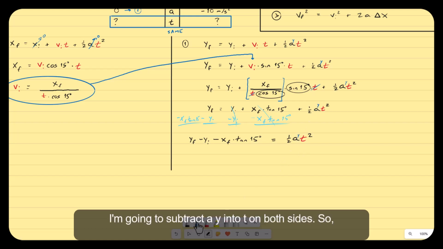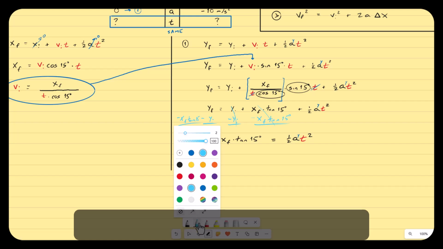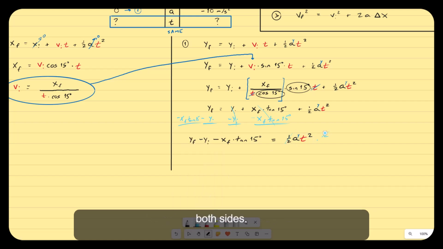I'm solving for t, so I'm going to multiply by 2. That's going to cross that off. Then I'm going to divide by a. And then I've got t squared, so I'm going to square root, and square root over here.